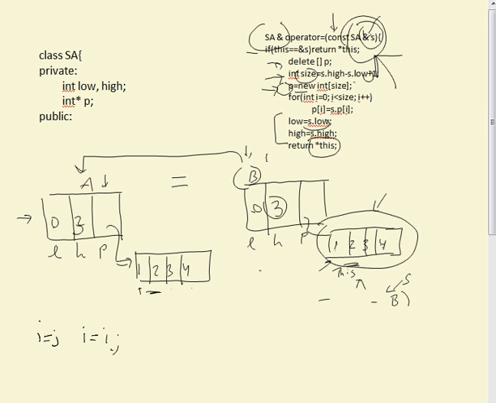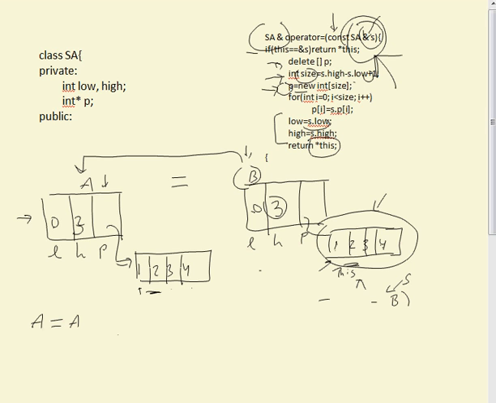So since the rule is going to be that the assignment operator for my new classes has to do as the ints do, I have to be cognizant of the possibility that somebody using my class can do something like this. They can take a safe array A and say the safe array A is equal to the safe array A. Now that sort of looks harmless, if a little bit dumb, but it's actually not harmless, because if we come back over here, let's check what happens in the code for the assignment operator. What's going to happen if somebody does that? Look over here.